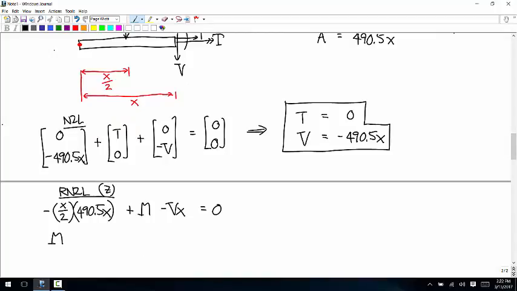And you get that M is equal to positive 245.25 x squared plus Vx, which is minus 490.5x times x.